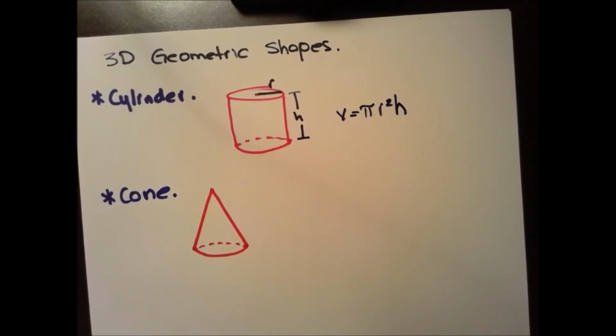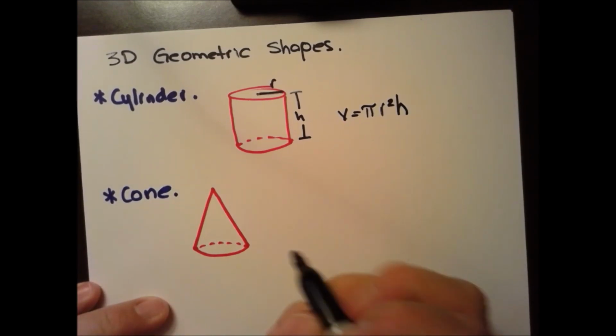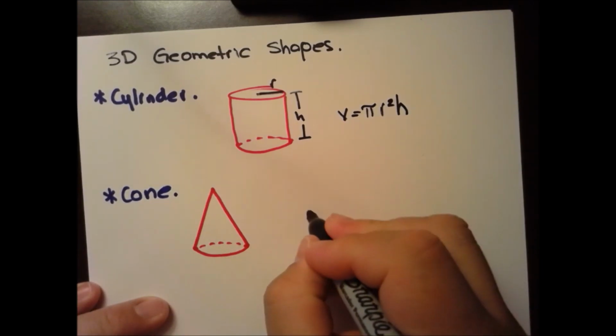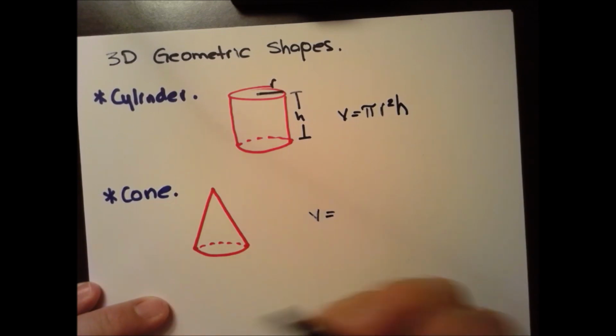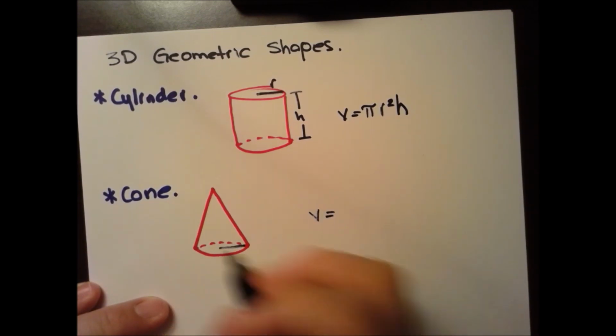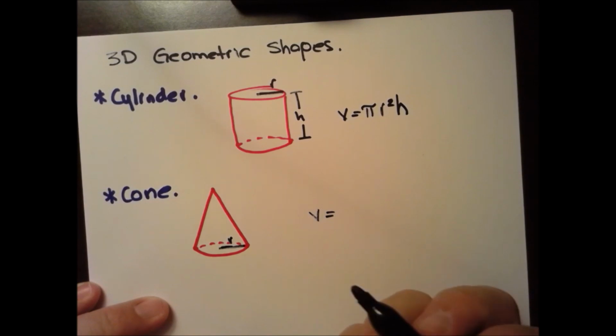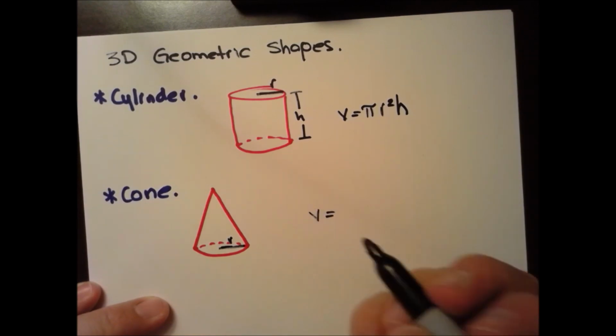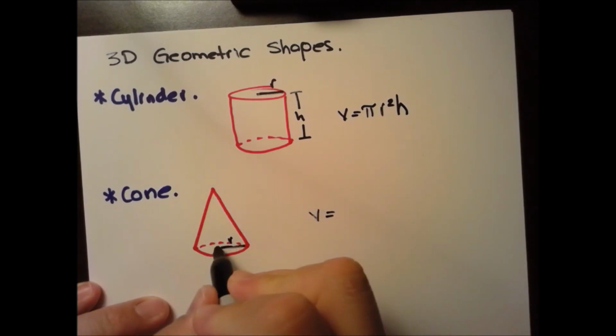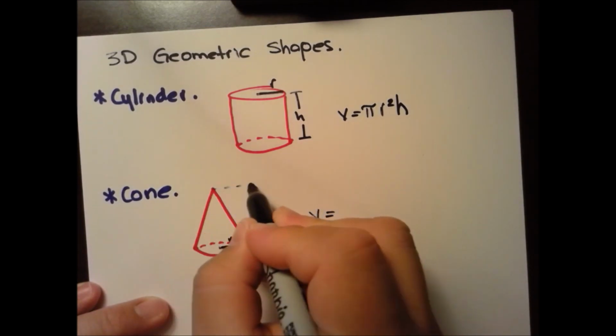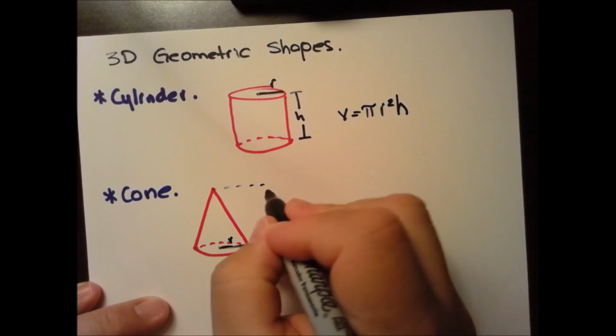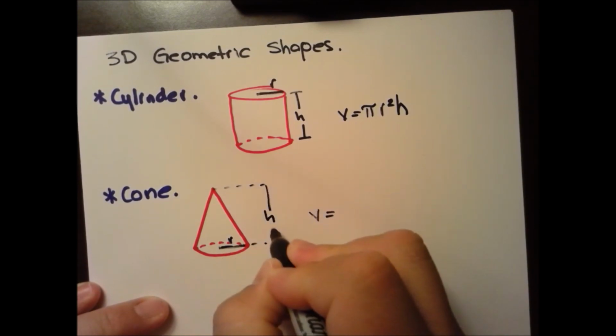Okay, and remember that the elements that you need to know to calculate the volume are going to be two. First one is going to be the radius of the circumference again, and the other one is going to be the height, but the height is going to be calculated from the base to the top. Okay, so this is going to be the height.